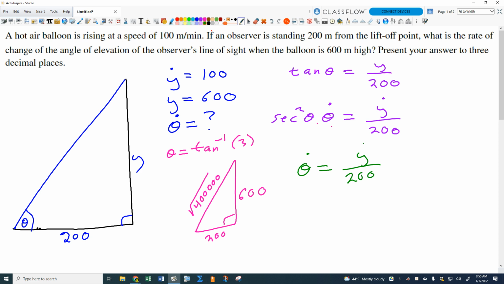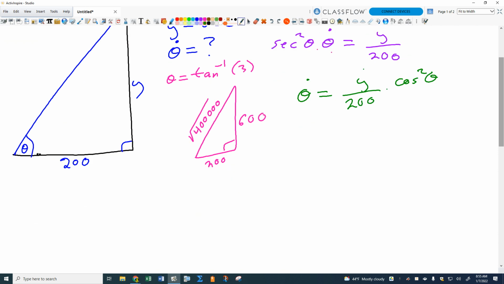Cosine squared, right? Everybody get that? Times cosine squared theta.